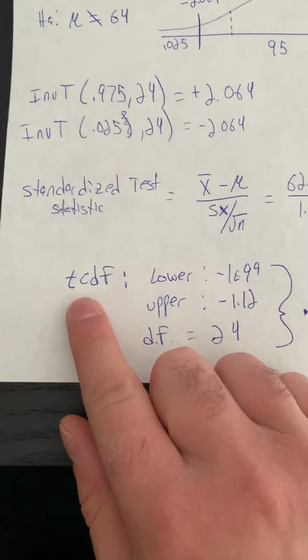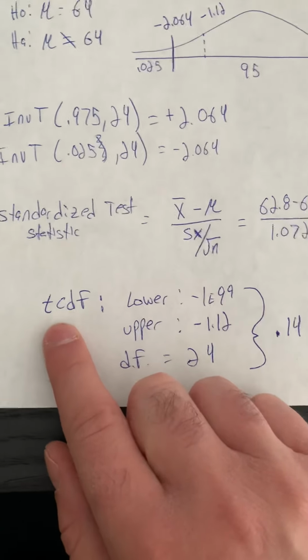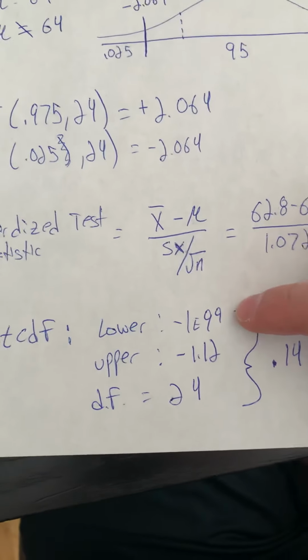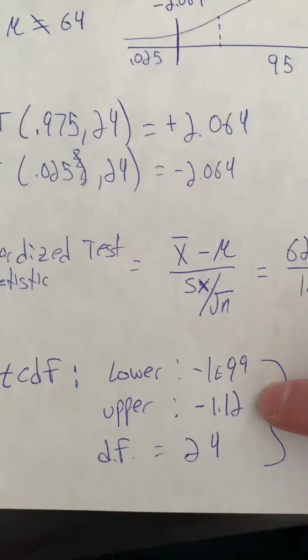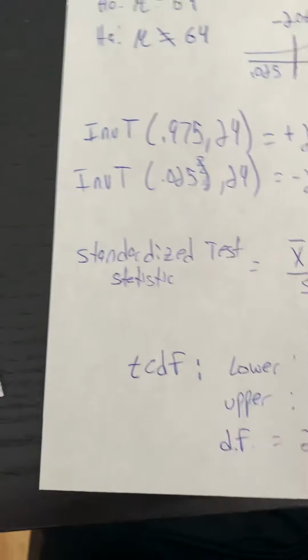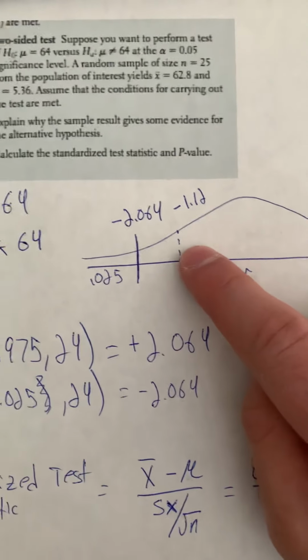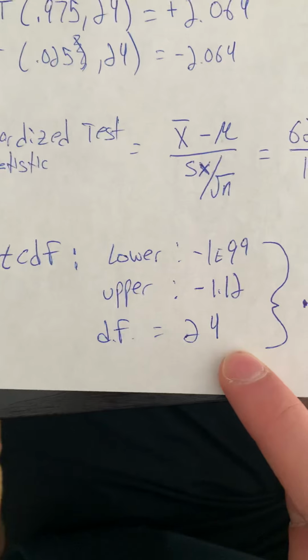So if I use TCDF, not normal CDF, because again, we're doing means, so we're using a t-distribution, the lower end of this range is negative 1e99, you guys know that. The upper end is the standardized test statistic that we calculated, that's negative 1.12. And again, the degrees of freedom are 24.